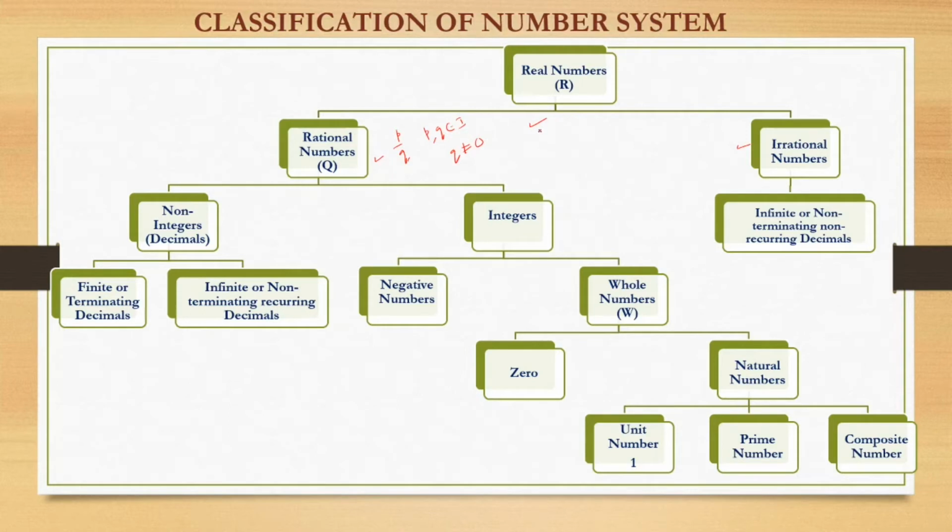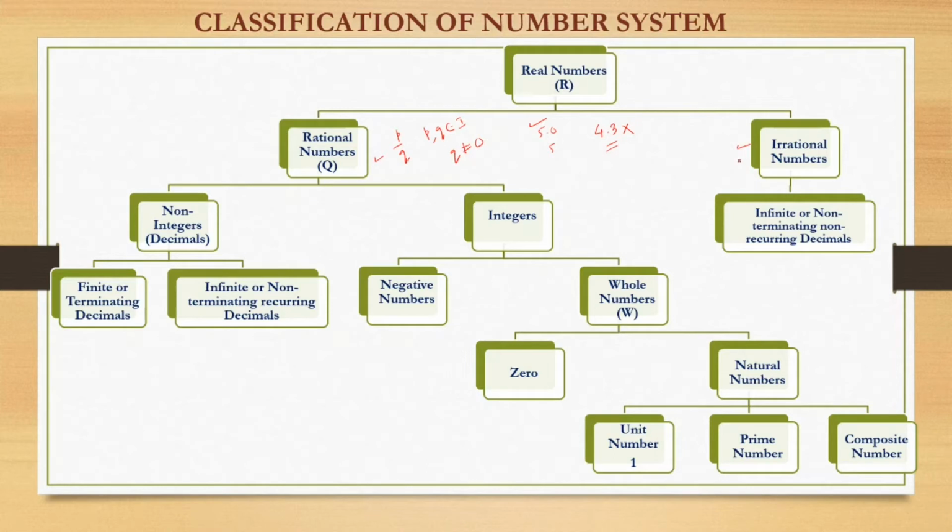So if I write 5.0 or 5, then this is integer, whereas 4.3 is a decimal, means not an integer. So integer can be positive, negative, that we'll see subsequently. But here a rational number is something which can be represented in p by q form. P and q are integers and q not equal to 0.